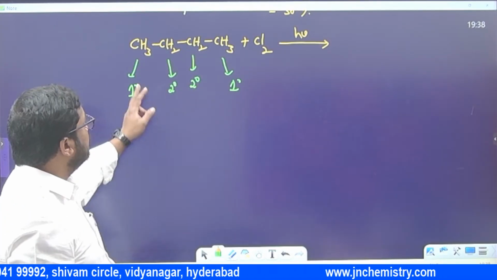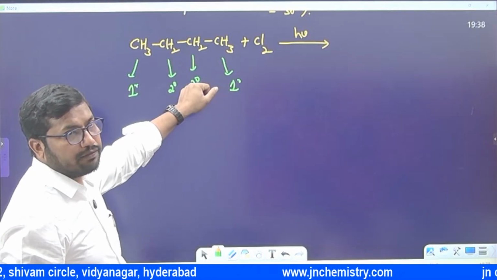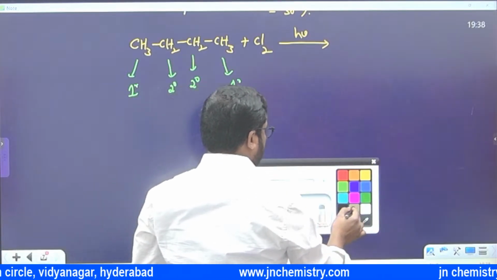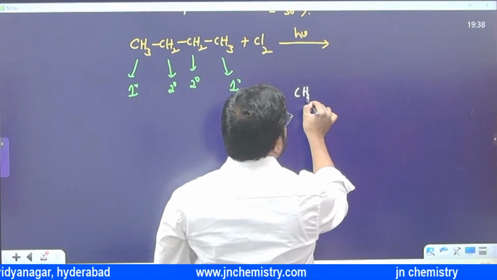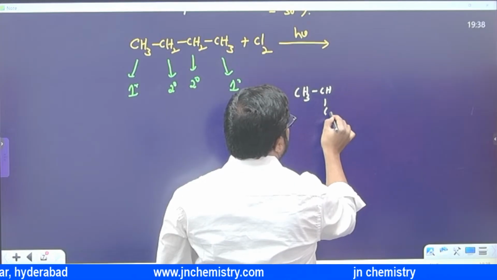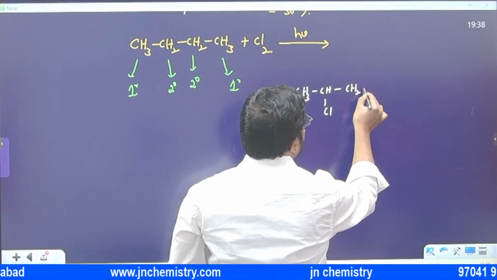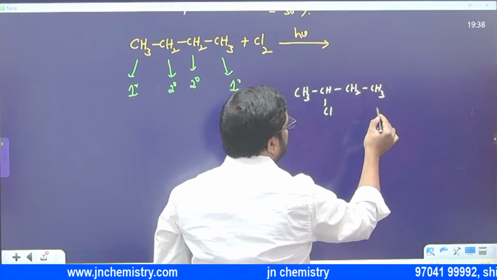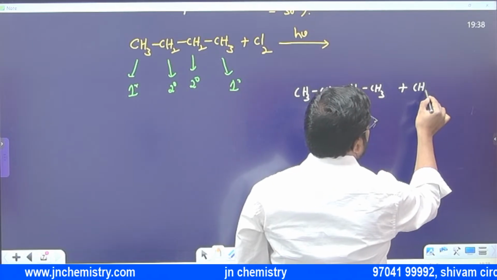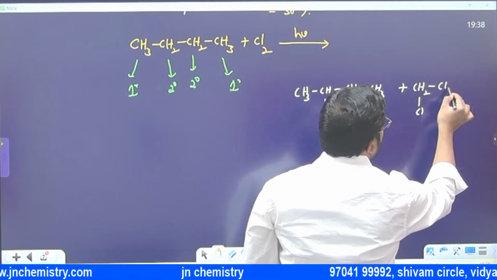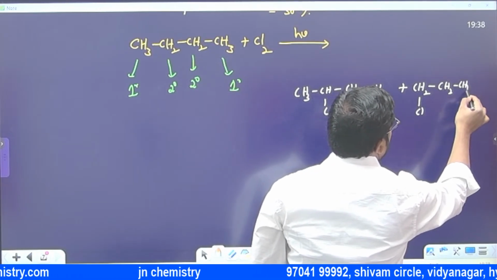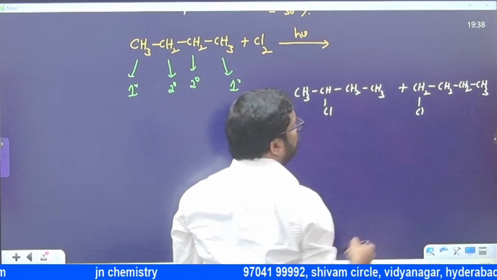So, no issues. You get the same type of product. CH3, CHCl, CH2, CH3, and in this case CH2Cl, 1-chlorobutane. Right? 2 possibilities are there.